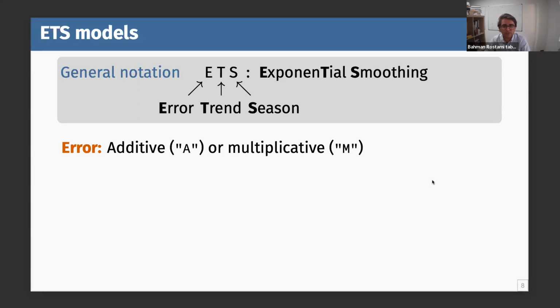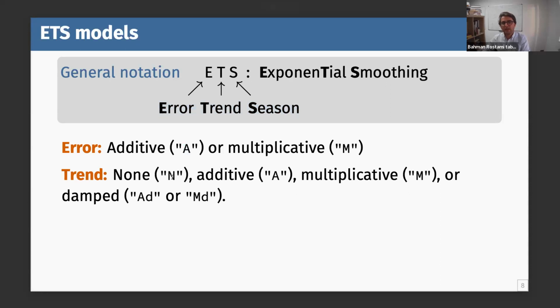Now, one important notation that you will see a lot later in R is ETS, which could refer to exponential smoothing, as you can see here, but more importantly it tells you that we have three components that we need to remember when we use R later. These are really important. The E refers to error, the T refers to trend, and the S refers to season. The error can be additive or multiplicative, so you need to remember these letters: A means additive, M means multiplicative.